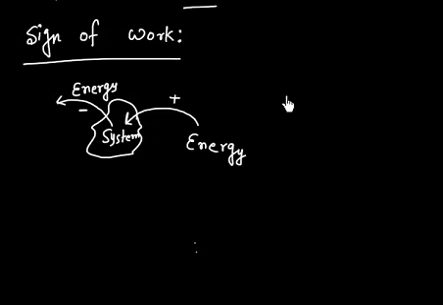So we have energy coming into the system is positive, energy going out of the system is negative. Are you getting? So this is my system. Some energy is coming in, positive. Some energy is going out, negative.